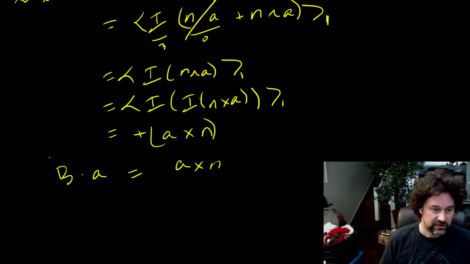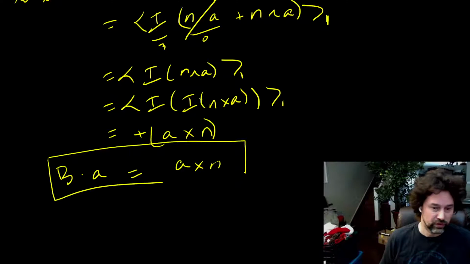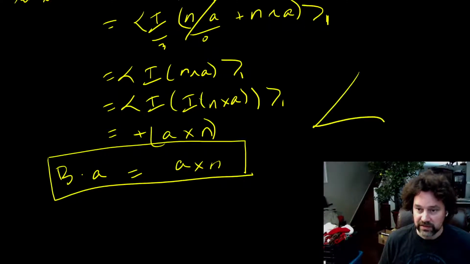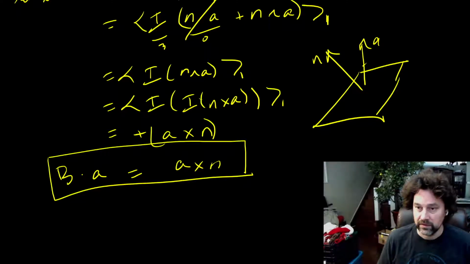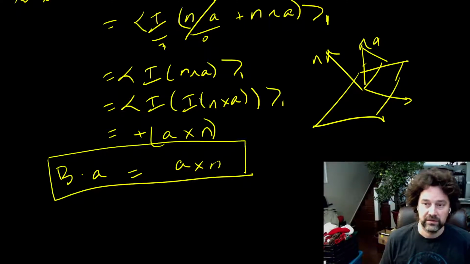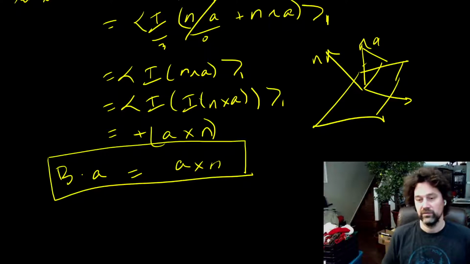There is the dual form of this bivector product. If we look at that geometrically, that is n, and this is a, then projecting onto the plane, we have here the right-hand rule.